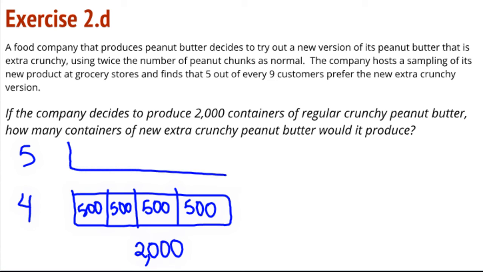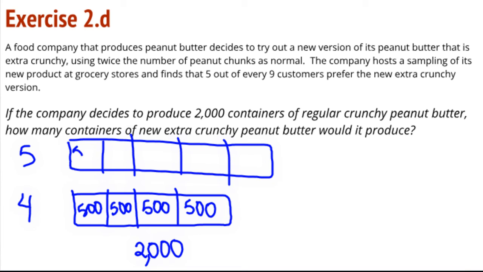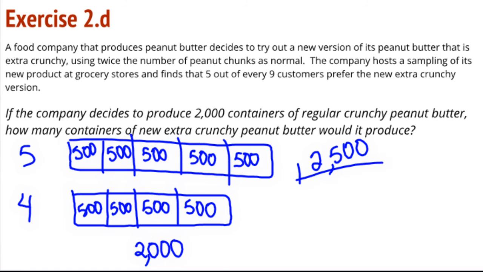And I know that this is 5 units, and each unit is worth 500. So you'll also notice that we've got our little c, our constant, and then I can find that this is 2,500. So there are a couple of different ways to think about this once we find the value.